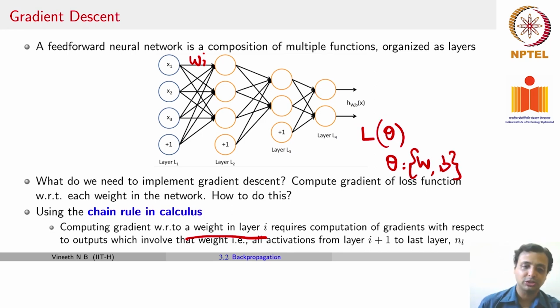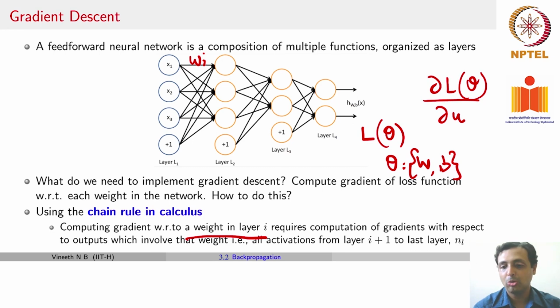That's your loss function. So we want to find dou L of theta by dou wi, where wi is one of the weights in the neural network. To do that, we're going to use the chain rule, which means we have to compute partial derivatives of all the steps in which wi contributed across all of the layers.